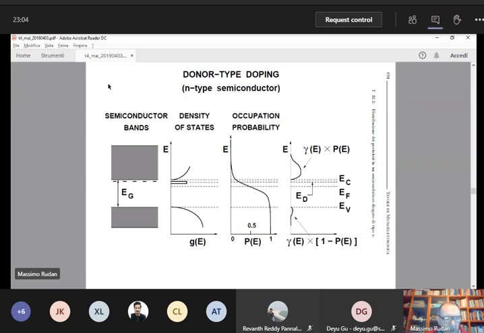Another issue is, how do we describe the density of states? Well, the density of states of the bands is unchanged. It is just the same as for the intrinsic case. In contrast, we have an additional density of states that must be associated to the states of the phosphorus or the donor atoms, okay?